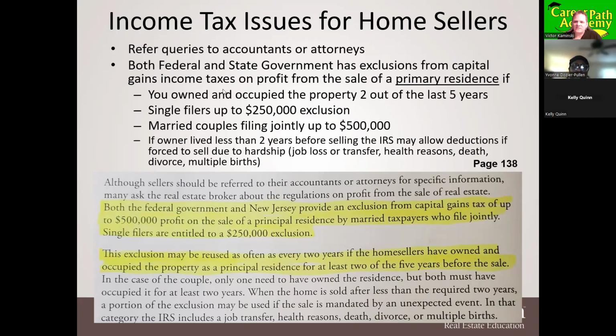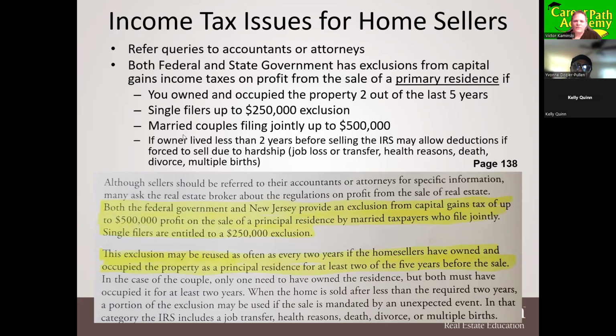That's income tax from the profit of the sale of someone's primary residence. So basically, if you buy your property and you sell it at a profit, if you lived in that property for 2 out of the last 5 years before you sell it, if you're single and you net $250,000 profit on the sale, you pay 0 state or federal income taxes on the profit of that sale.